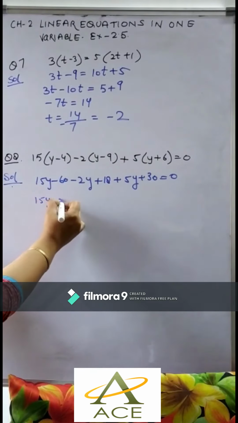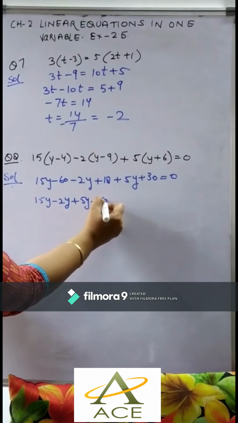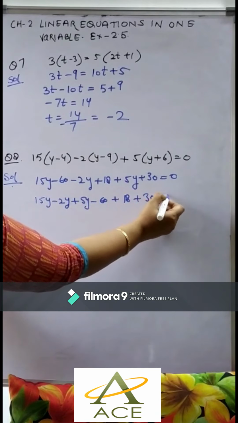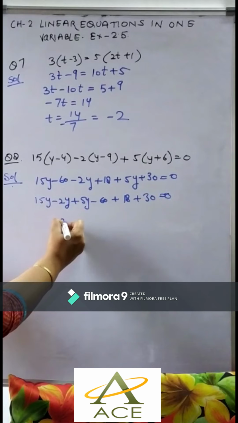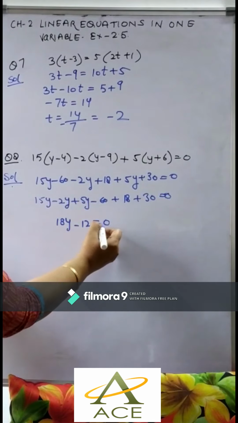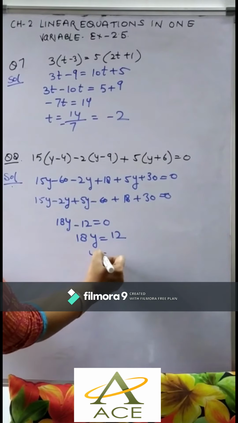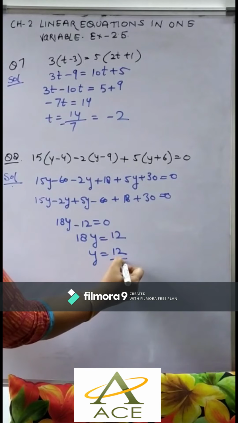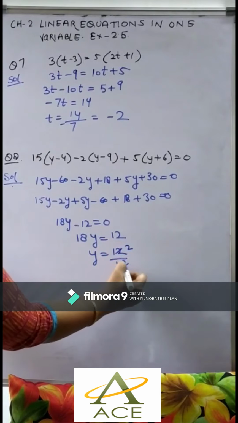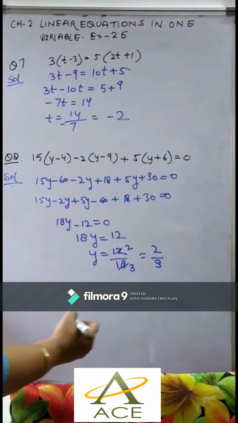Now 15y minus 2y plus 5y minus 60 plus 18 plus 30 is equal to 0. 18y minus 12 is equal to 0. 18y is equal to 12. y is equal to 12 upon 18. We'll cut it by 6. 2 times 3 equals 2 by 3. So this is the value of y.